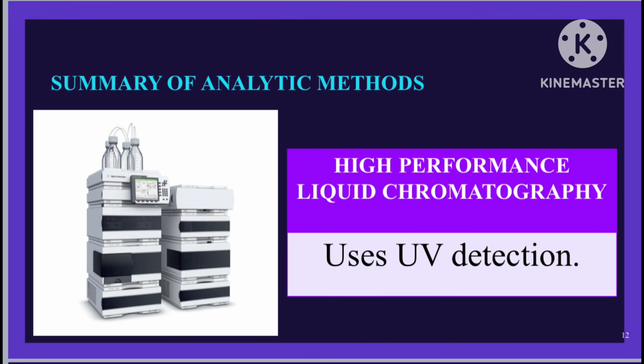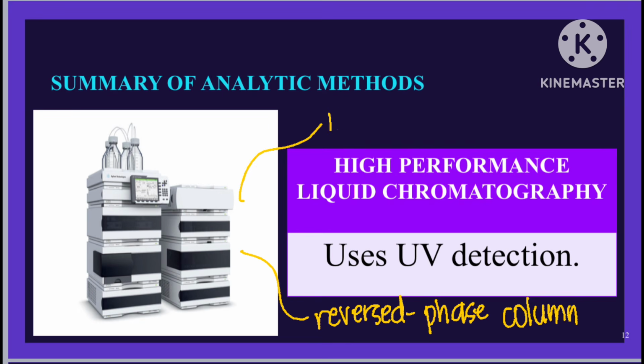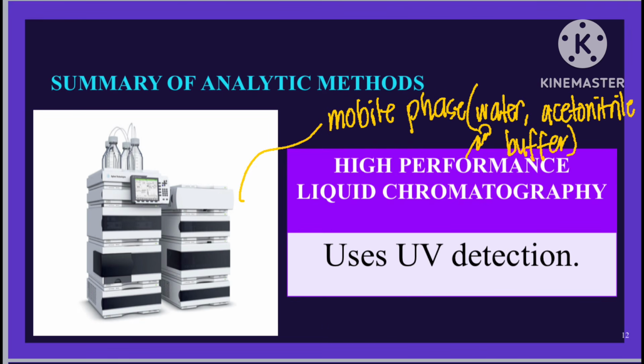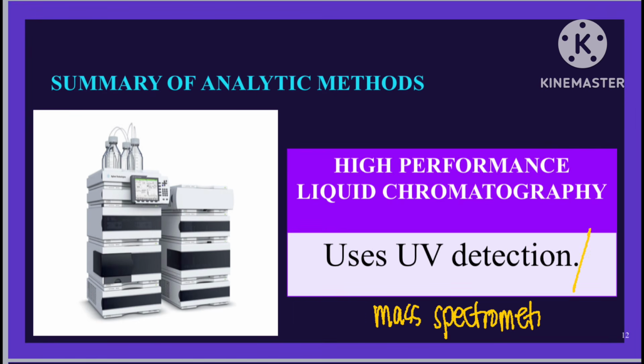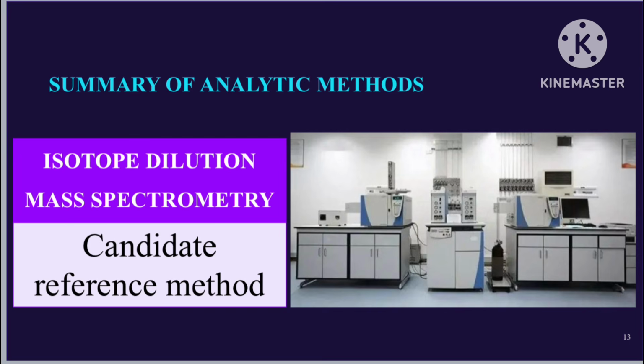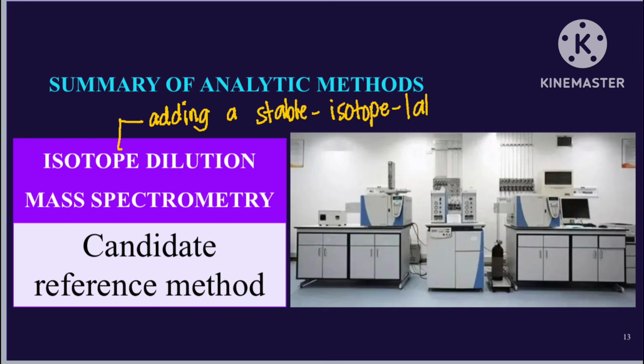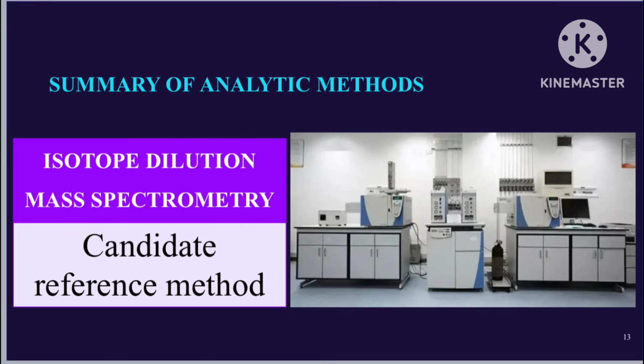The HPLC process involves using a reversed phase column and a mobile phase containing water, acetonitrile, and a buffer, with detection via UV or mass spectrometry at 260 to 285 nanometers. And lastly, isotope dilution mass spectrometry for uric acid determination involves adding a precisely known amount of a stable isotope labeled uric acid to a sample like serum, allowing it to equilibrate with endogenous uric acid.